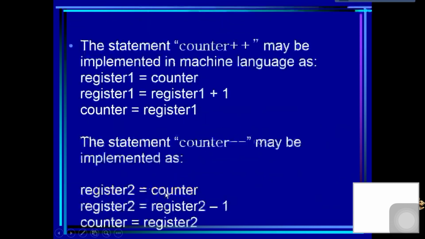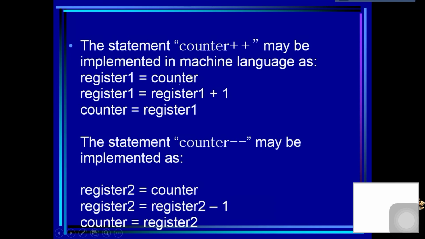So we suppose it may be implemented in machine language as this one. Register 1 represents a general-purpose register in the CPU, and counter is a variable in main memory.